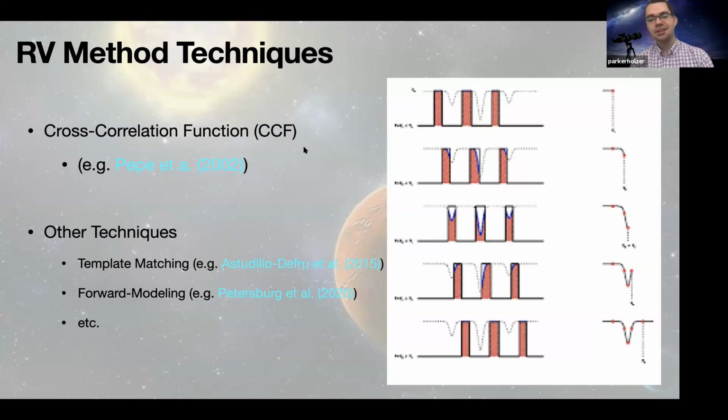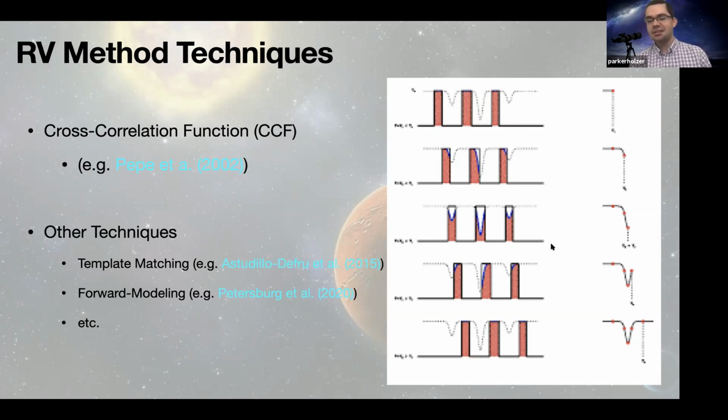And the way this works is if you have a spectrum of a star, represented by these dotted lines here, and if you take what's often referred to as a mask, and you Doppler shift that mask at various proposed radial velocities, and at each of those, calculate the area underneath the spectrum by usually calculating a dot product or something like that, then you can basically look for where that area, which is represented by the value of the cross-correlation function, is minimized.